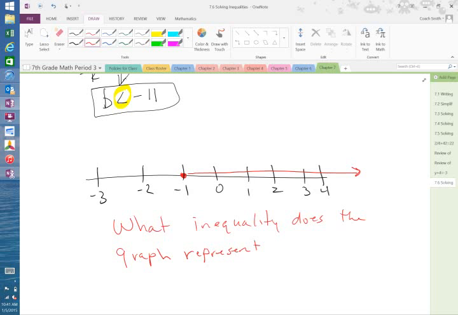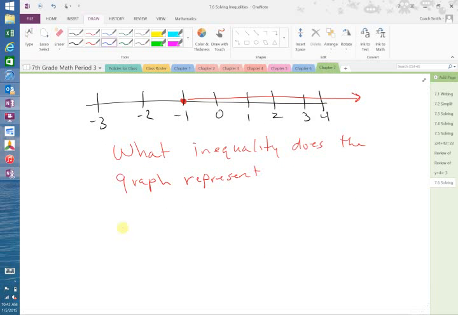So, the graph there, the number line, negative 3, negative 2, negative 1, 0, 1, 2, 3, 4. And then I have a filled-in circle on negative 1, and the arrow goes to the right. We'll just say x, doesn't matter. So we said a while ago, when the arrow goes to the right, what sign is it? Greater than. So we know that it's x greater than negative 1.